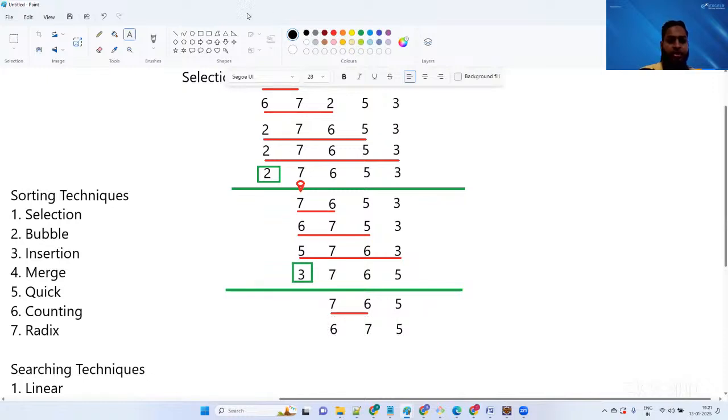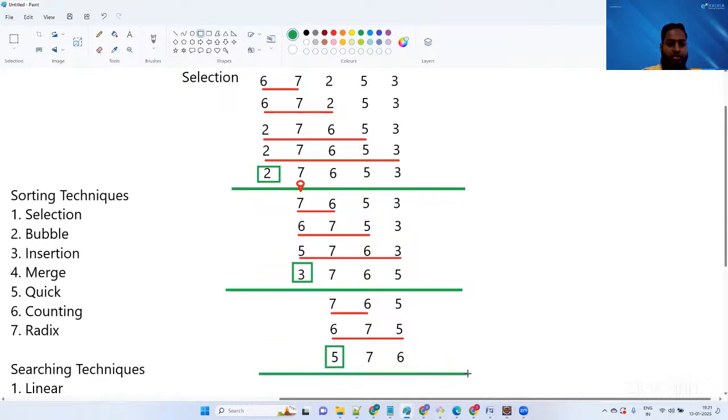And next, what will I compare? 6 with 5. So is 6 greater than 5? Yes. So I'll write 5 and 6 will swap, 7 at its original place. Okay, and after this iteration, I have got my third smallest number also. And my iteration also completes.